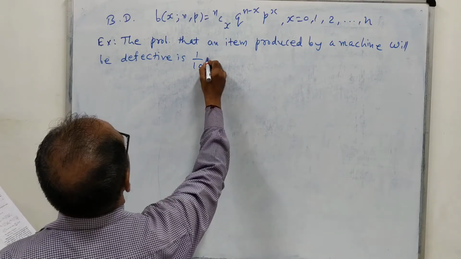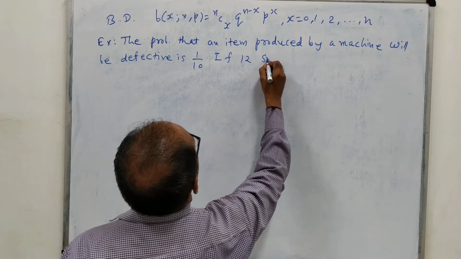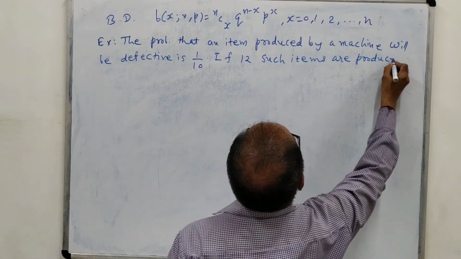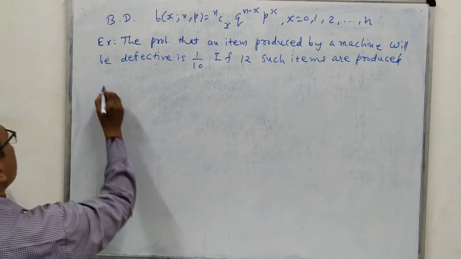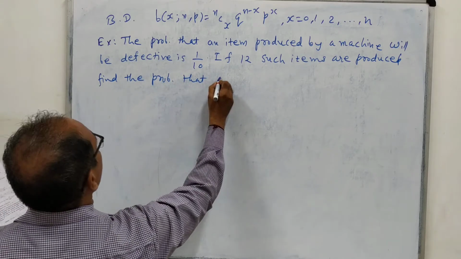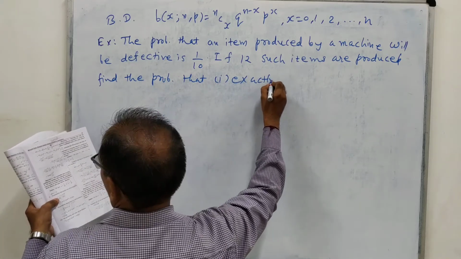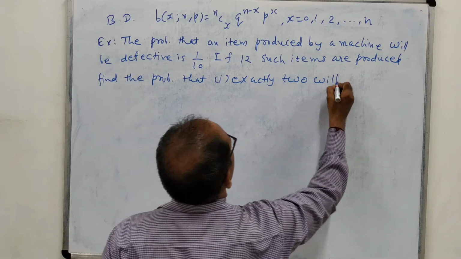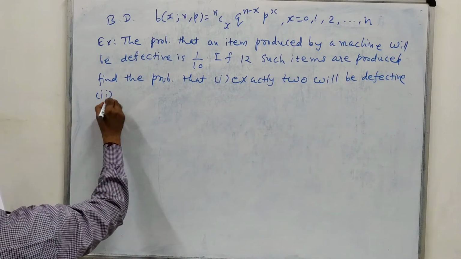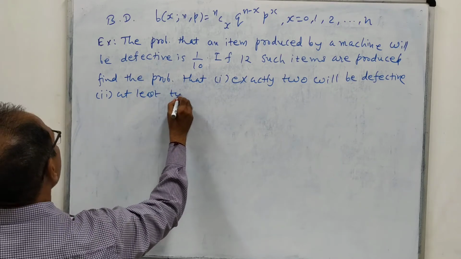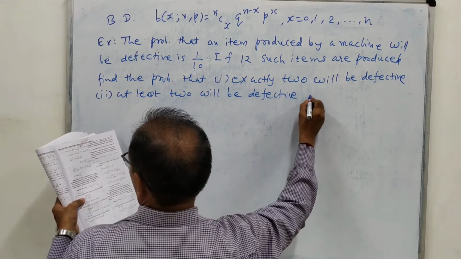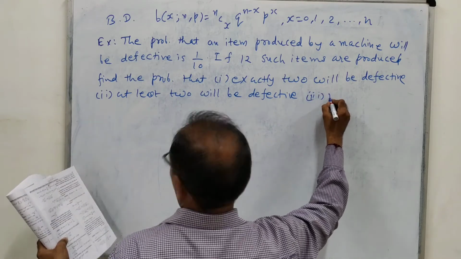If 12 such items are produced, find the probability that: one, exactly 2 will be defective; two, at least 2 will be defective; three, none will be defective.